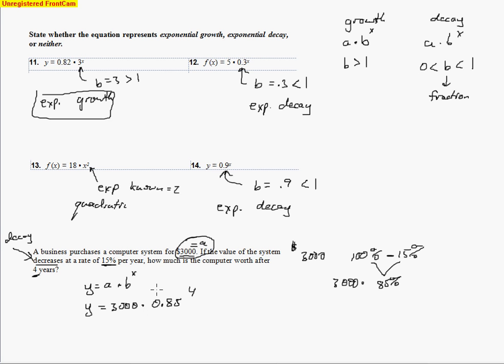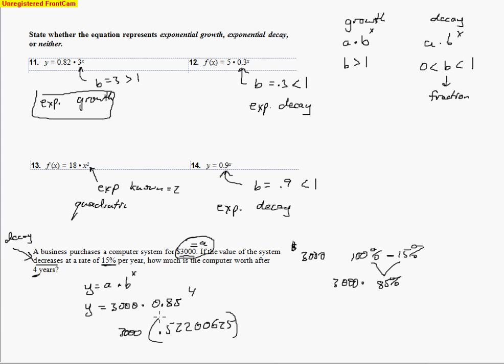So we've got some calculator work to do. We have to do 0.85 to the 4th power. And that gives us, is what I got, 0.522000625. That's what my calculator says. And then multiply that by 3,000.